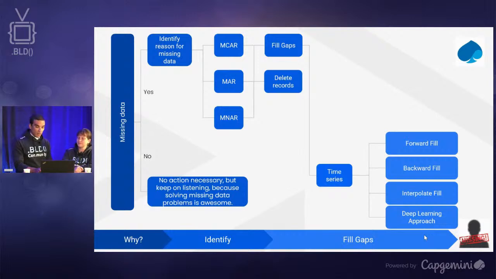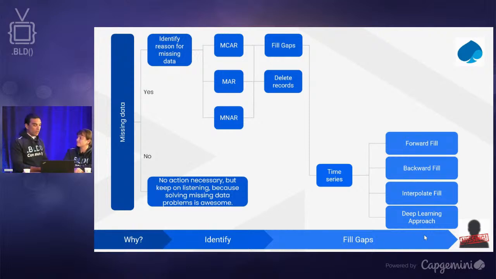Taking again our roadmap, we have already identified whether data is missing or not. We have many different categories of missing data. Going for time series, we have these three main techniques to fill the gaps. We also have a deep learning approach, which we will not cover tonight, but it's also very important.